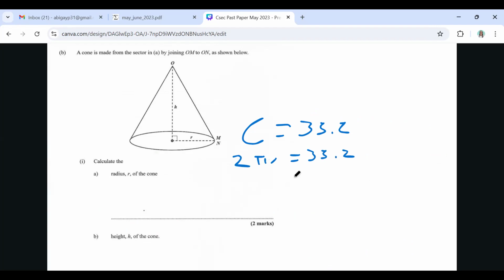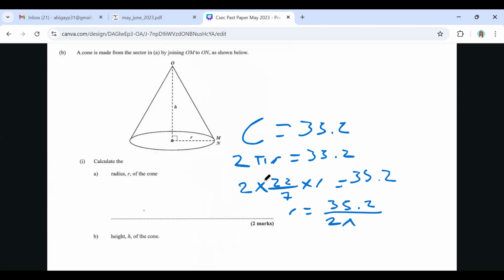So all we have to do now is find the radius. So 2 times 22 over 7 times r equals 35.2. So r is going to equal 35.2 over 2 times 22 over 7. And then let's use our calculators.